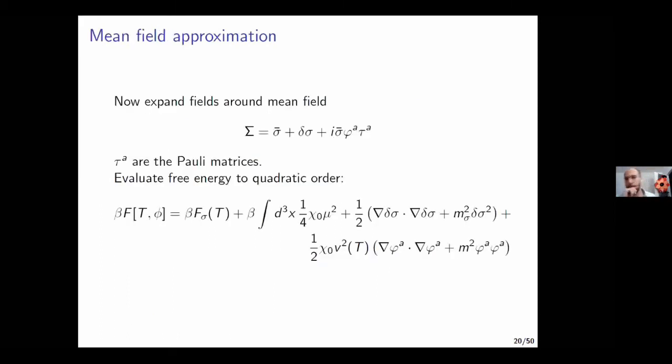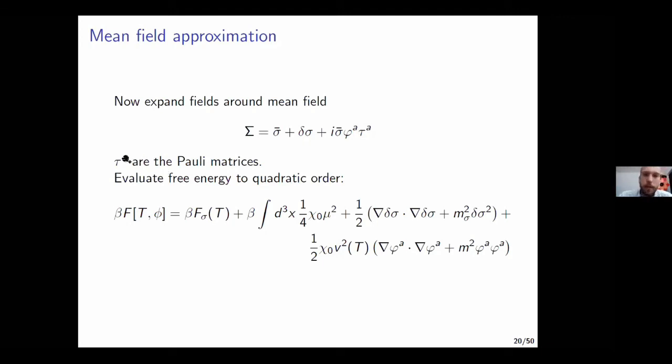Right. And so now what we're going to do is continue in the mean field approximation. And we're going to expand our chiral condensate around the mean field value. So sigma bar is the mean field value, and you'll have a variation, a delta sigma here, and you'll also have this phi. So delta sigma is the variation of the amplitude, and phi is the phase to linear order.